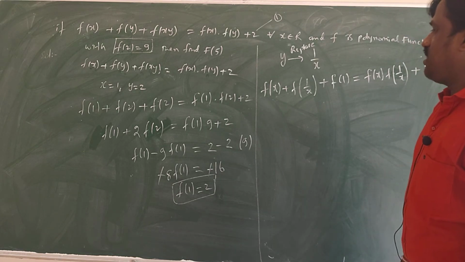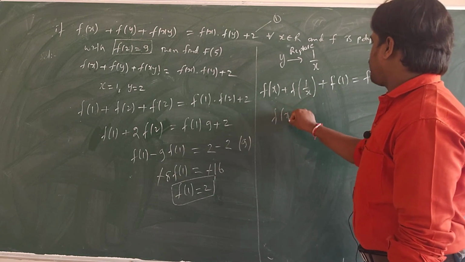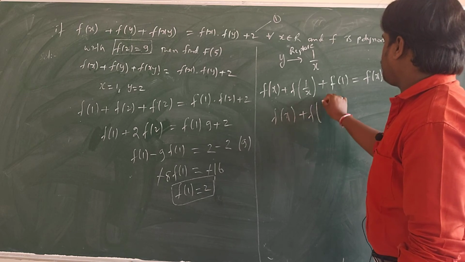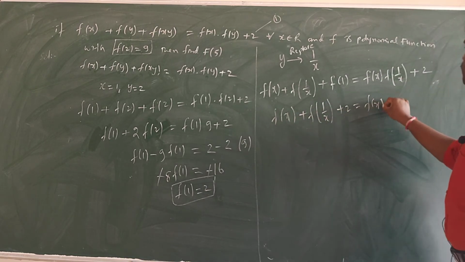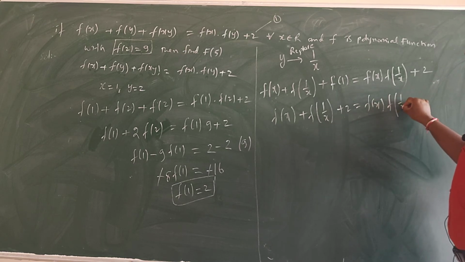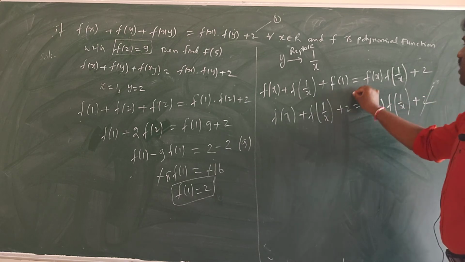So f of 1 is how much? 2. So I substitute here 2: f of x plus f of 1 by x plus 2 is equal to f of x into f of 1 by x. I wrote something wrong. Plus 2 minus 2 cancel out.